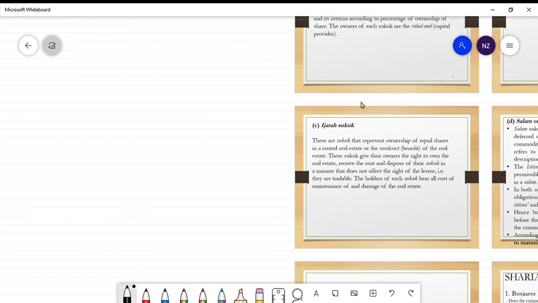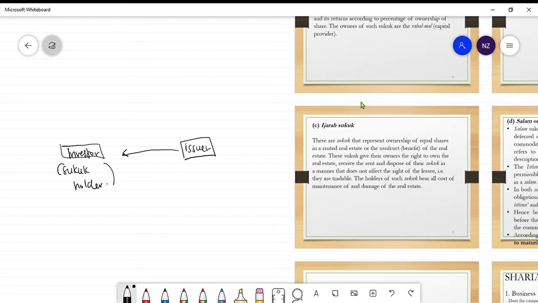So let's say kita ada like investors who is the sukuk holders, right, and then kita ada like issuer ni yang nakkan sukuk tu lah kan. So dia ni issue sukuk from the investors.